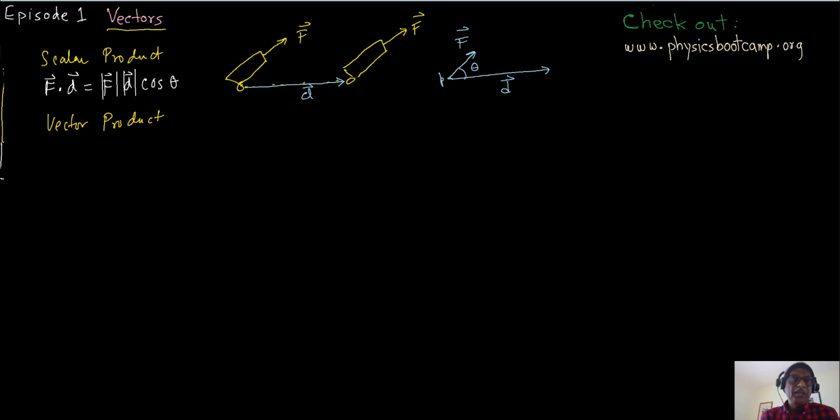Okay, so the application of scalar product, we already discussed one application. So this is the work by this force in the displacement of this box, say luggage or something like that. You're pulling the luggage.